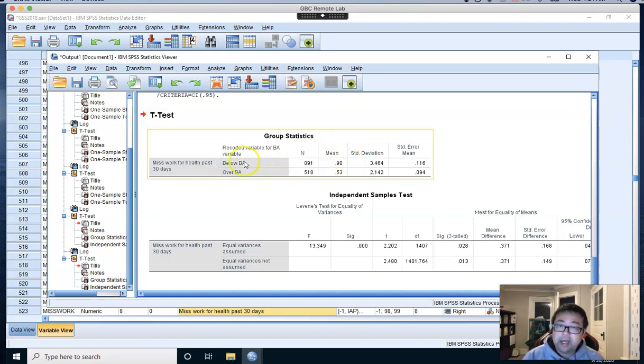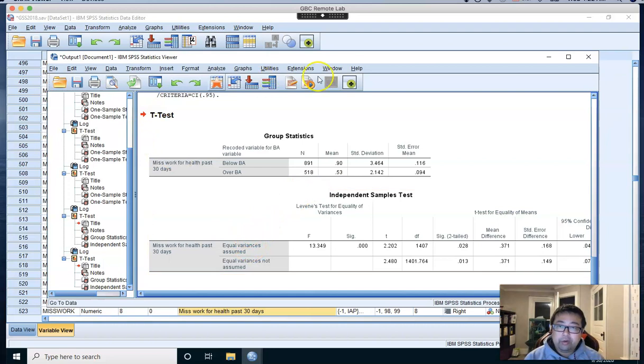On average, below BA miss work around 0.9 days, and over BA miss work on average 0.53 days. So we can see the mean differences. Below BA are more likely to miss work because of the health condition. The education level impacts their health condition, and their differentiated health condition can impact the days missed because of the health condition.